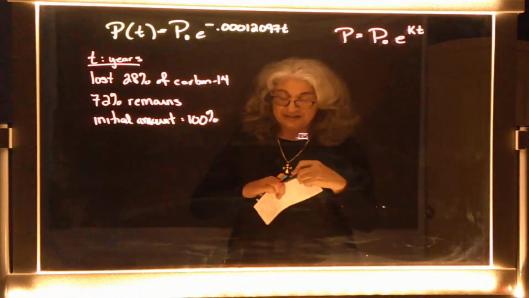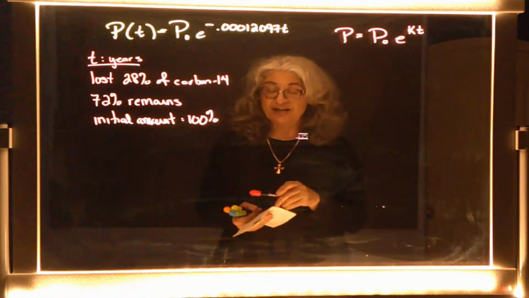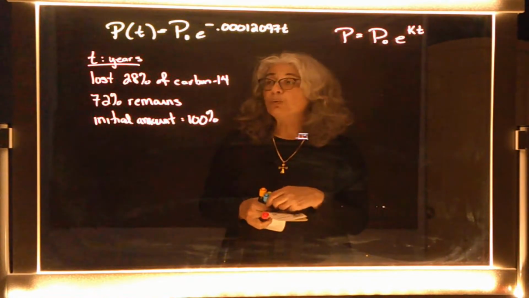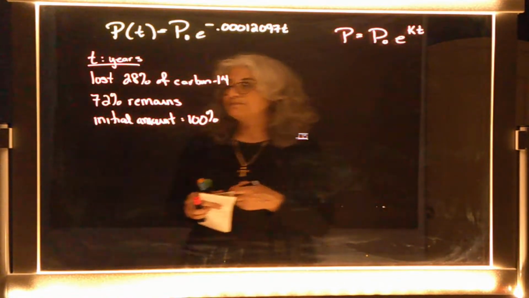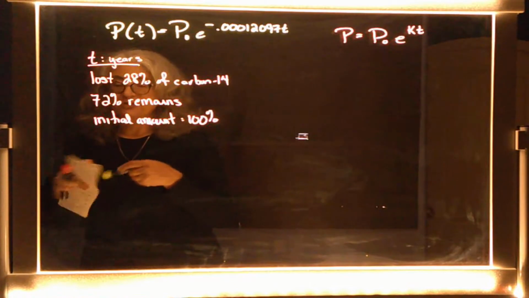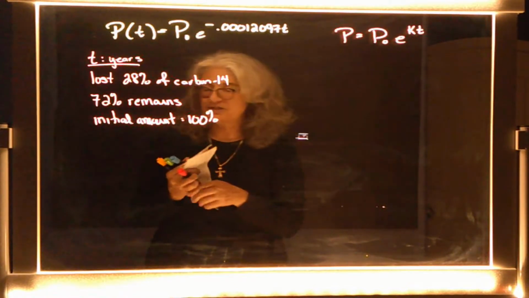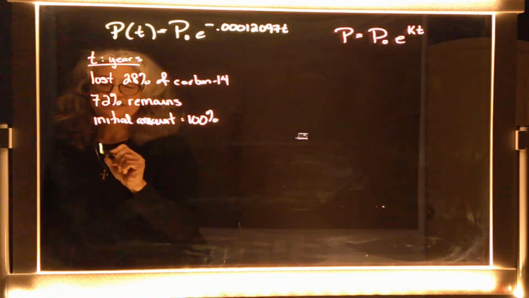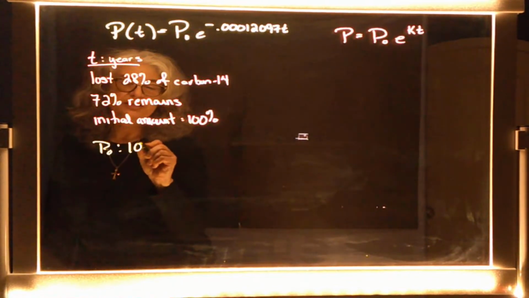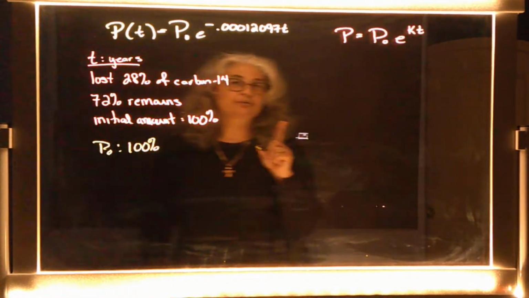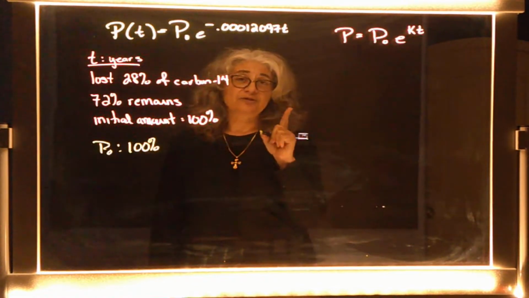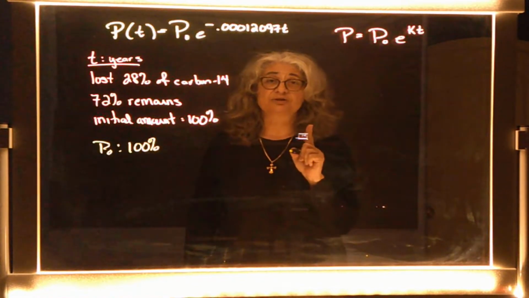So here's the deal. Now that we've got that figured out, we now know that P sub 0 stands for the initial amount, and so P sub 0 is 100%, but remember, we never use it with a percent sign, so how do you write 100% as a decimal?